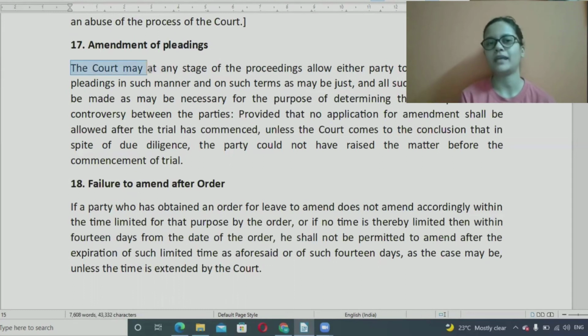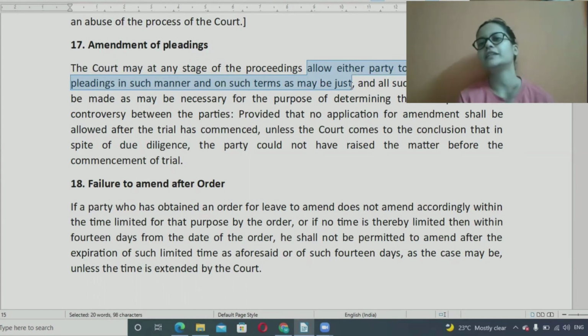It's not saying the court shall, so the court has the discretion to take a decision here. The court may allow either party, whether plaintiff or defendant, to alter or amend his pleading in such manner and on such terms as may be just.